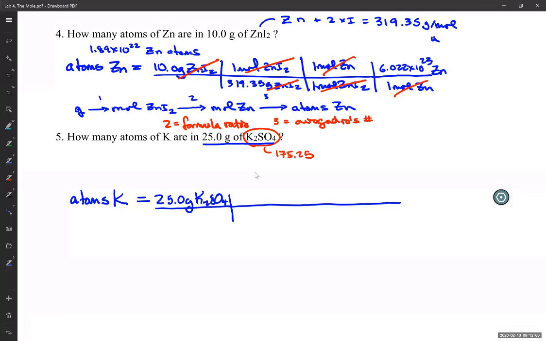The first thing you want to do in these problems, keeping it generic, is get it to moles. To get to moles, it's 175.25 grams per mole. So I'm going to put 175.25 grams down here and 1 mole up here, for K2SO4.